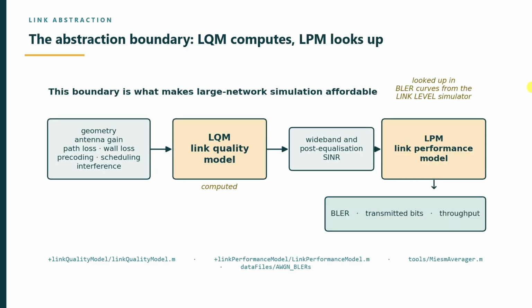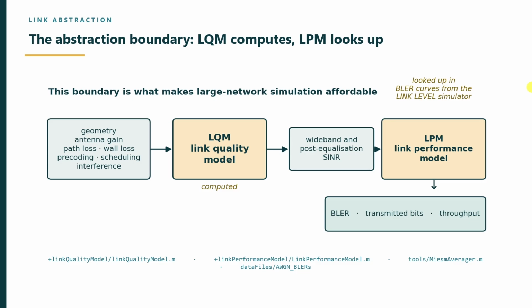If you remember one sentence from this video: the SNR is computed, the throughput is looked up. The link quality model takes geometry, antenna gain, path loss, precoding, scheduling, and interference, and produces SNR, computed.